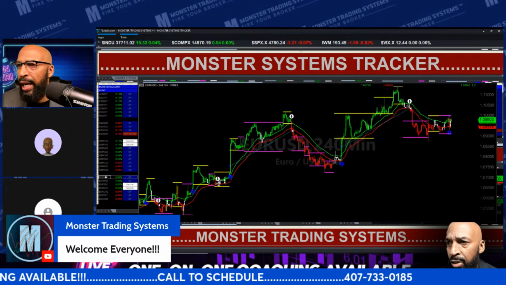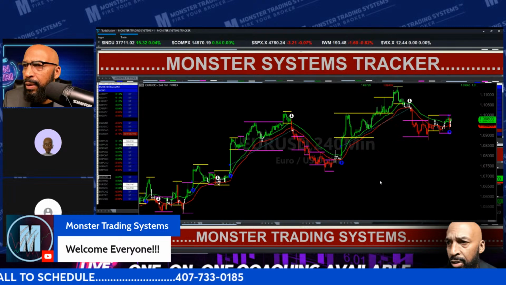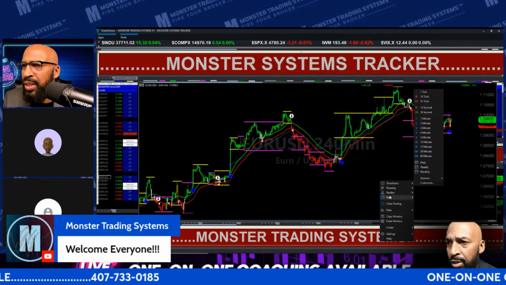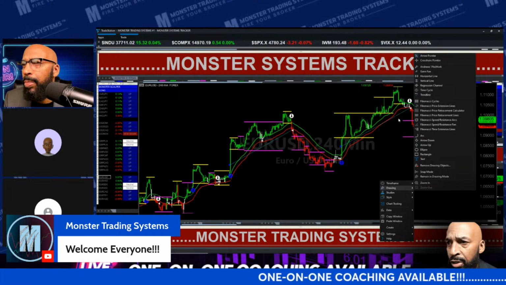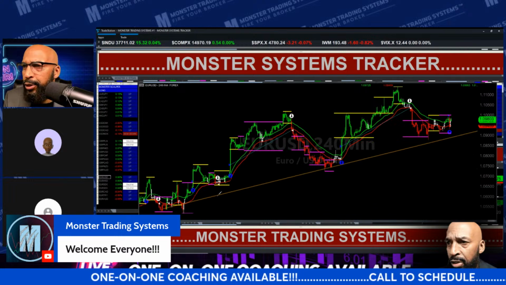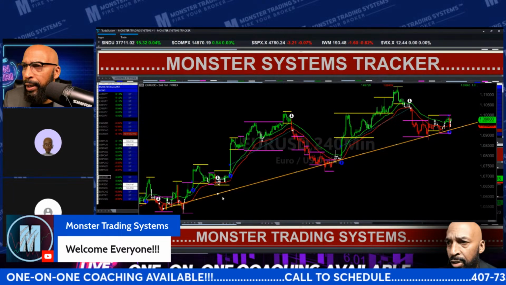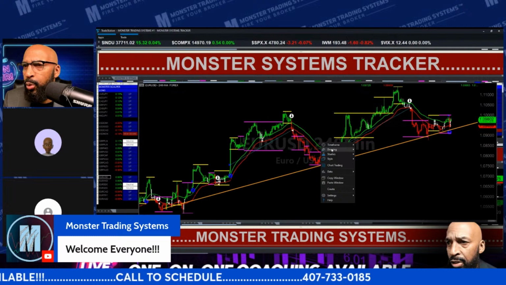Euro pairs, we added some euro pairs. No, this is a little different trade. Let's see here. But the pound pairs, euro pairs, right here. And this one here, price is being squeezed.